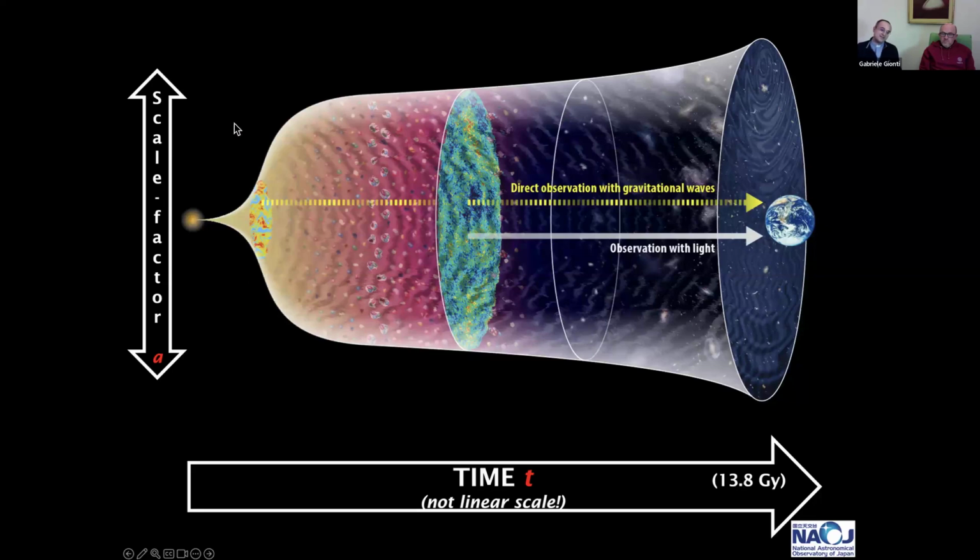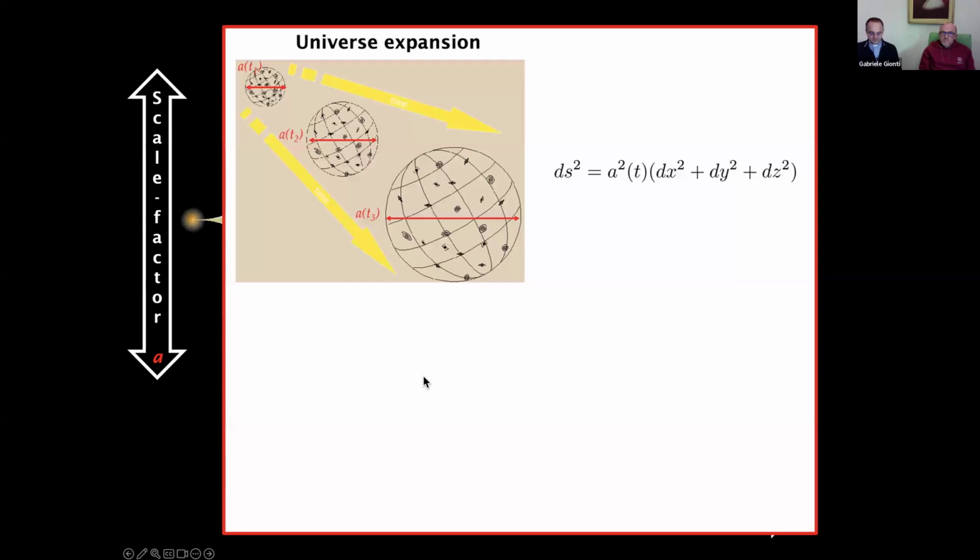And on the other scale, the scale factor that represents the expansion of the universe during its entire history. In order to describe this kind of expansion, we assume a universe which is isotropic and homogeneous, at least on large scales. So we can describe this expansion more or less like this.